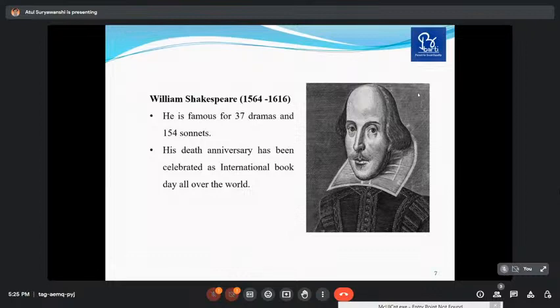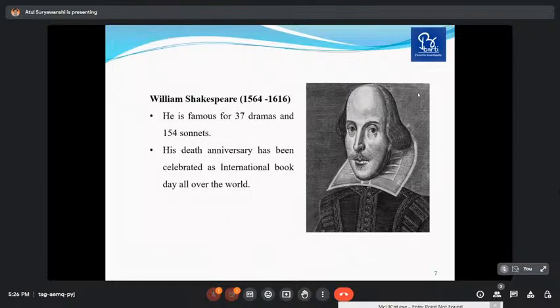He wrote 37 dramas. One of them he published in 1597, entitled Romeo and Juliet, the most lamentable drama ever written in the history of English literature. William Shakespeare has shown antagonism between the two families, the Montagues and the Capulets.